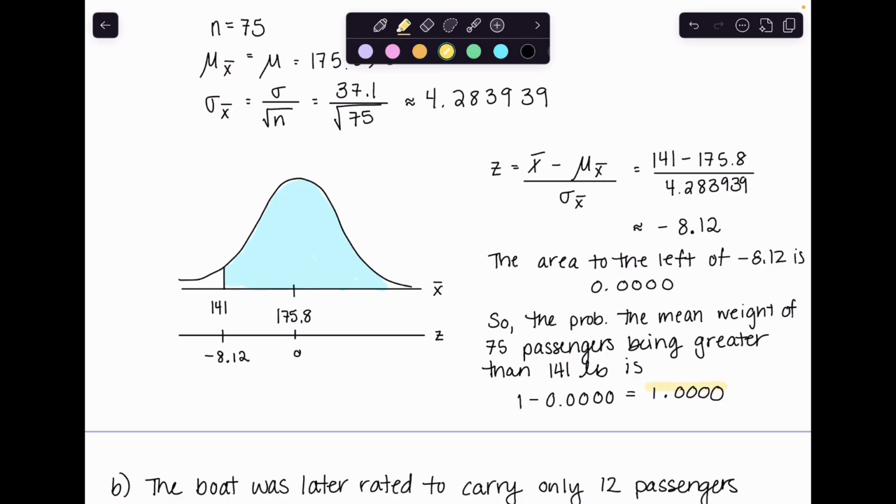So pretty much it is guaranteed that boat would sink because they used the wrong mean weight. Okay. So as a result, you obviously can't have as many individuals.